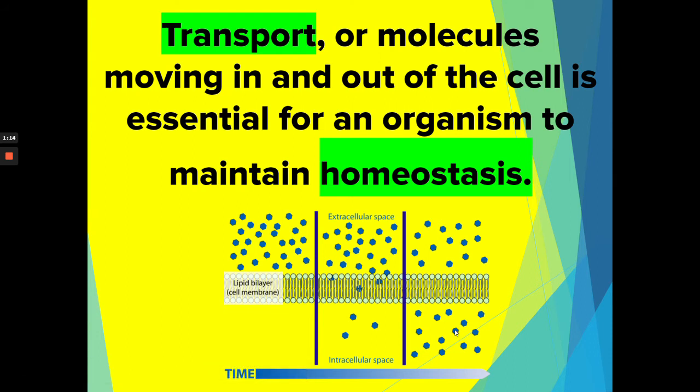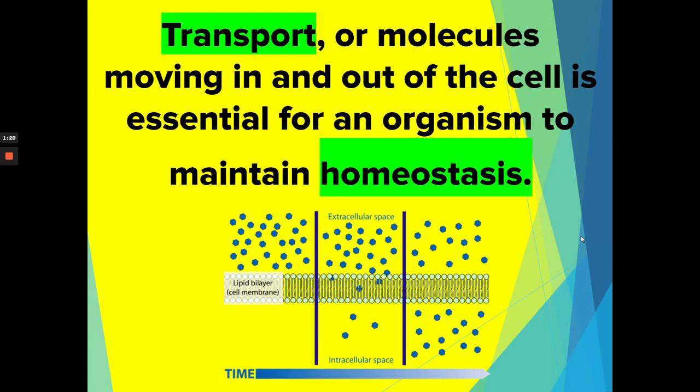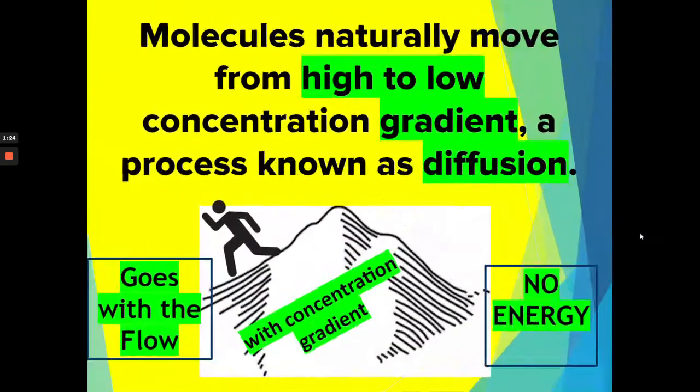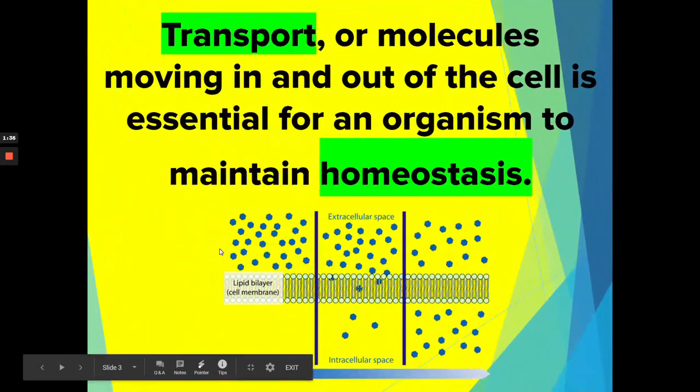Now, when it comes to you taking your notes, anything that is highlighted in green is what will go in the note section at the top of your note sheet. Now, normally molecules are going to move from an area of high to low concentration, just as we saw in this last slide. So I'm going to go back here.